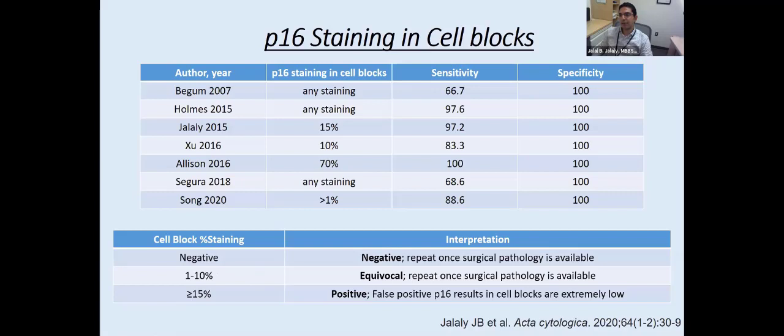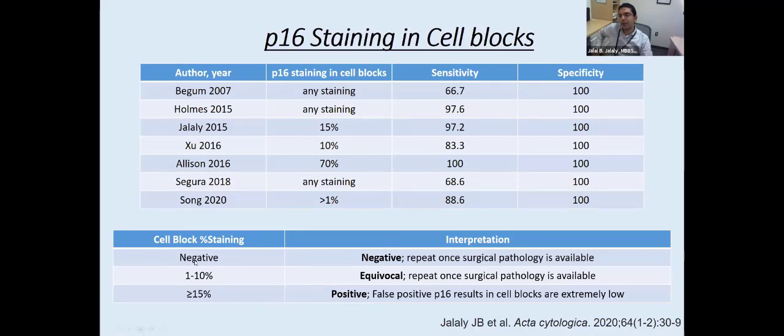Usually the cutoff for positivity that correlates with surgical pathology specimen is much lower. So around 15% if you see strong nuclear and cytoplasmic positivity in cell block, usually those cases will correlate 100% with surgical pathology specimens. The problem with cell block P16 staining is actually the false negativity, because it can be up to 20%.